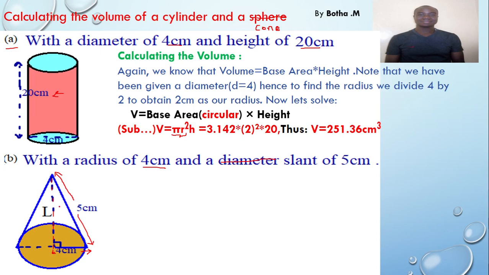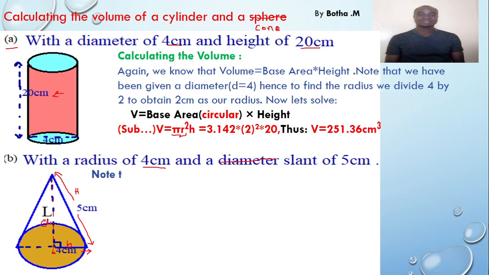So we have not been given the height. Instead we are going to use the slant, which other people call the hypotenuse. Then this is our base and this is our adjacent. So we can use Pythagoras theorem to find the length L, which represents the height of this cone, multiplied by its base area to find the volume.